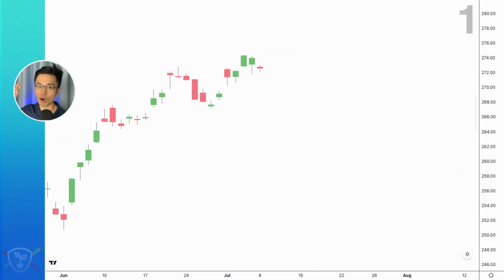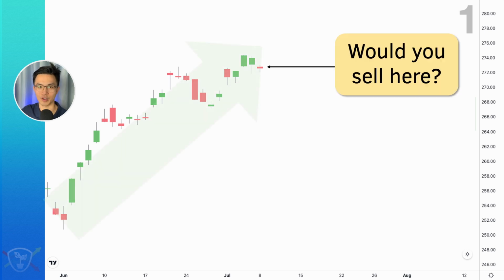Now, if we remove all the indicators from the chart, and we just look at the price by itself, does this look like somewhere where we would be looking to sell? I don't know about you, but it kind of looks like this stock could be in a strong uptrend. I'm not sure if I would want to sell at this point in time.